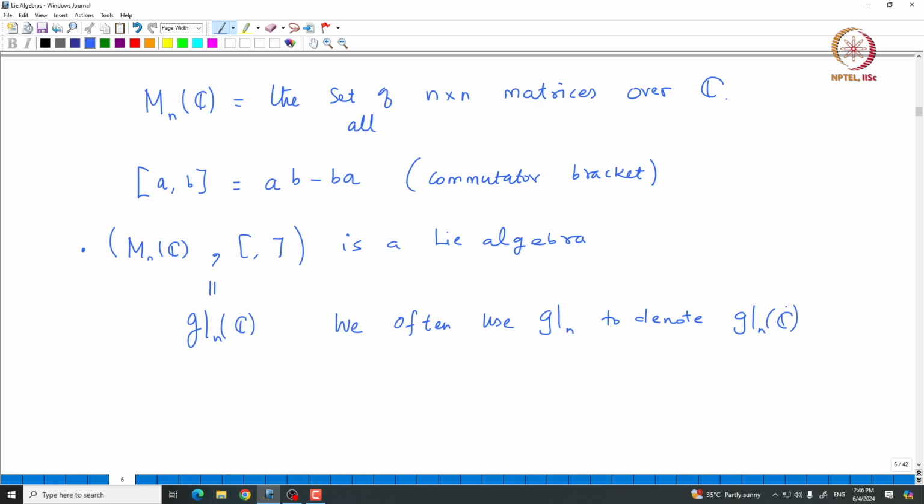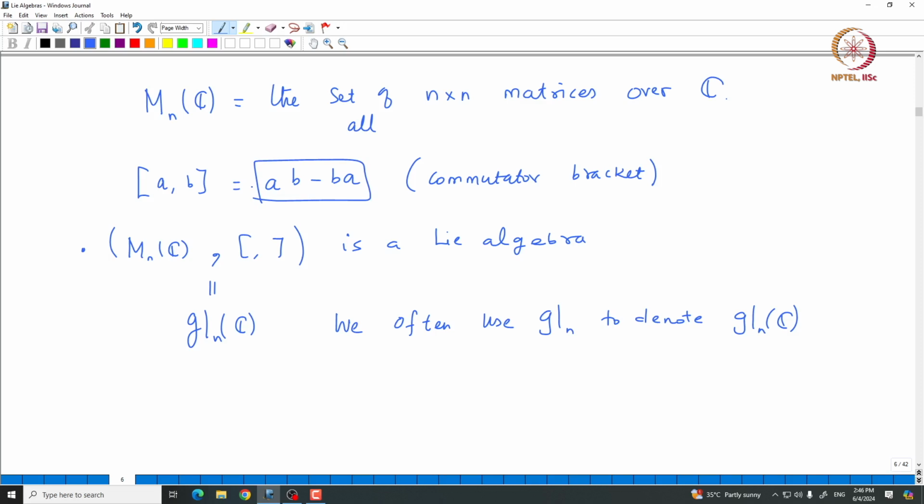Okay, so now let us check that this Mn of C is indeed a Lie algebra with respect to the bracket that we have defined. It is easy to verify that this bracket is a C-bilinear map, because it is defined using the actual matrix multiplication on Mn of C, and we have taken the difference between them.